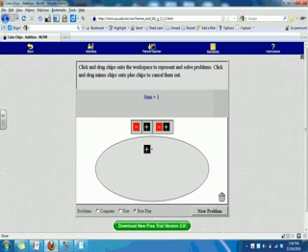For example, if I have a positive 1 and I have a negative 1, this would be like having $1 and then losing $1. And whenever you combine opposites, a positive 1 and a negative 1, if you watch what happens here when I combine these two, they disappear.